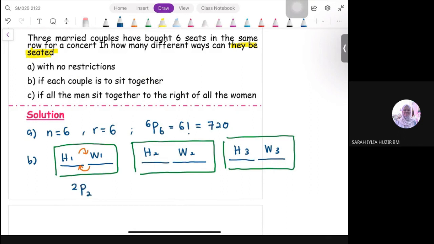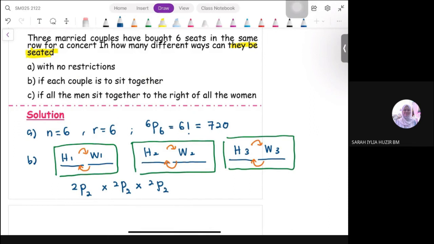Itu untuk couple number 1. Okay, the same thing will happen with couple number 2. We can rearrange the seat between 2 of them. So, times 2P2. And then, once again, benda yang sama lah berlaku untuk couple yang ketiga. So, times with another 2P2. Okay. So, that's between the couple itself.